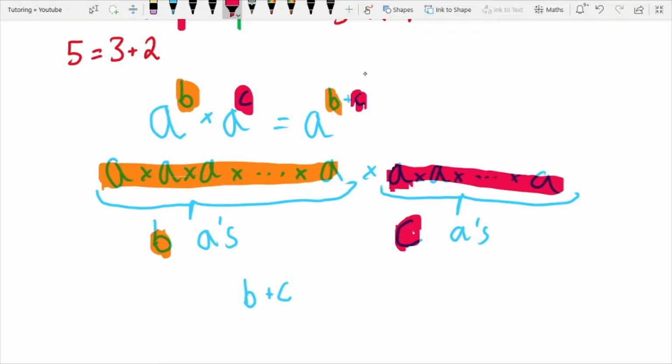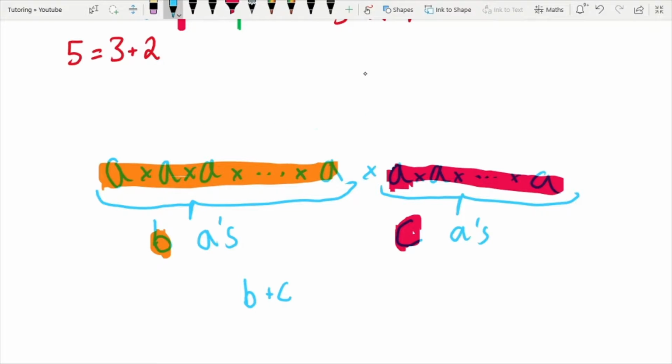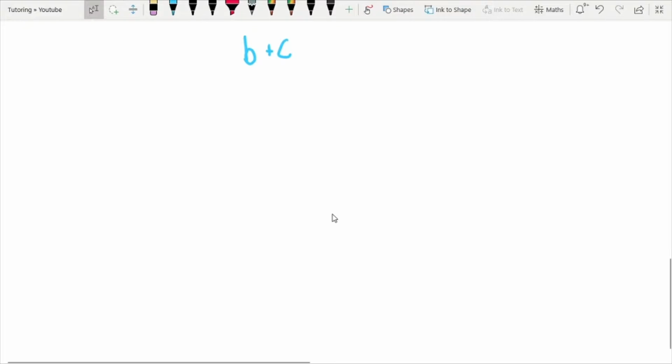So we take B lots of A multiplied together, which is equal to A to the B, and then you multiply that by C lots of A multiplied together, and then you can write this in this form, and you can clearly see the total number of A's is B plus C. So we can say A to the B times A to the C is A to the B plus C. This is a rule in algebra. So this is quite an important fact. I'm going to write this out nice and fancy down here because it's something you need to know.